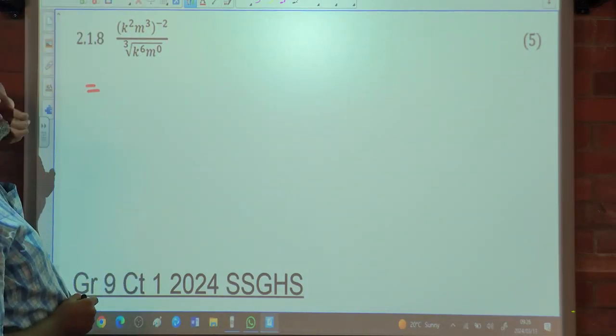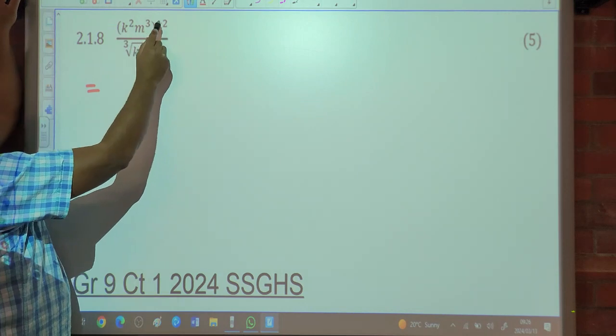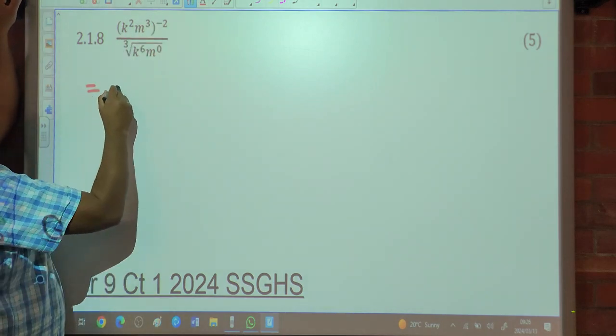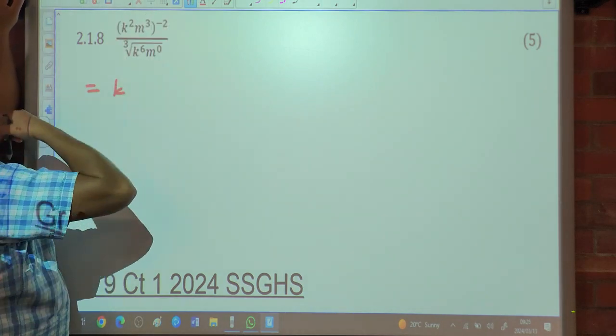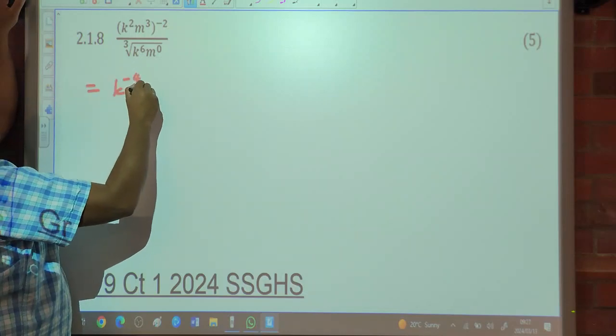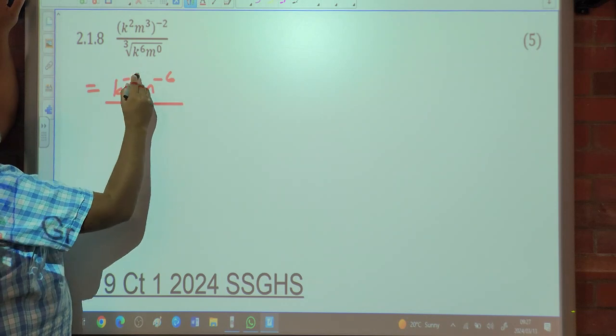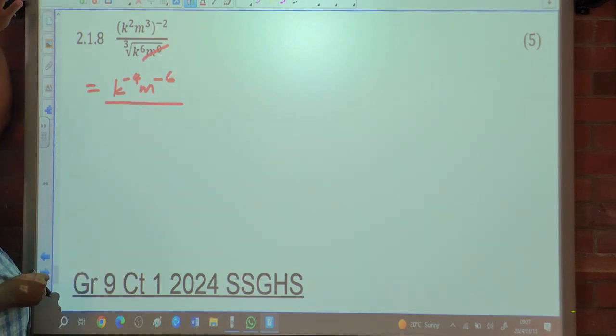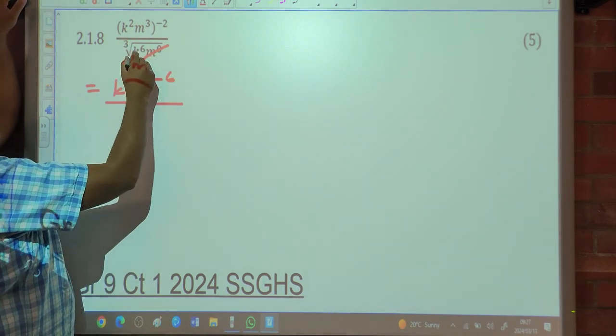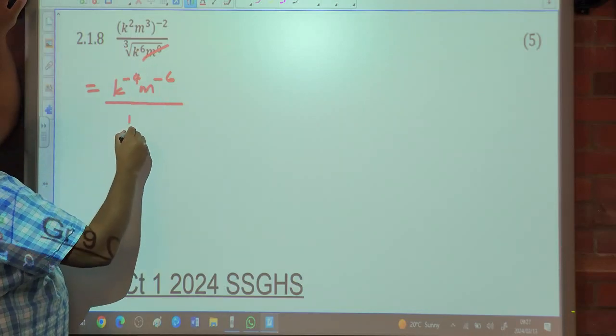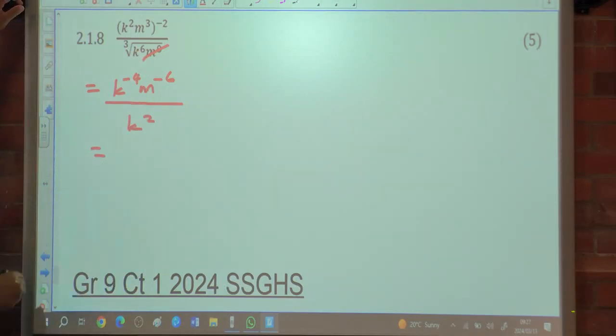So in the first sum, what needs to be sorted out first? The exponents. So you multiply those exponents, not so? So it's K. What's 2 times negative 2? Negative 4. M. 3 times negative 2? Negative 6. Over. Now anything to the power 0 is 1. So that's going to give you the cube root of K to the 6, which is K to the 2. Right. Now where are the more K's?